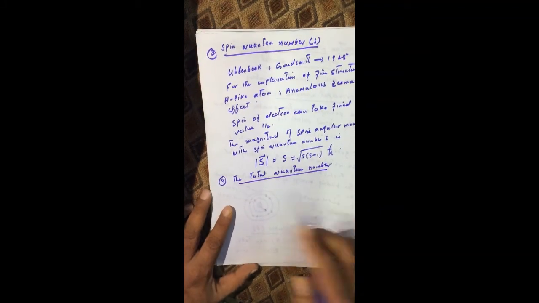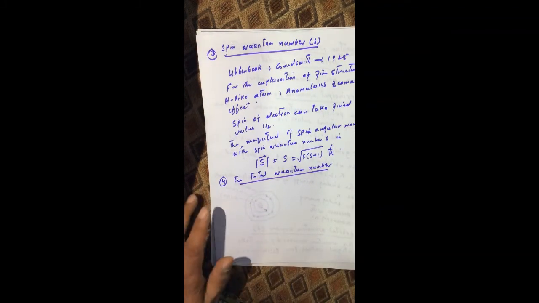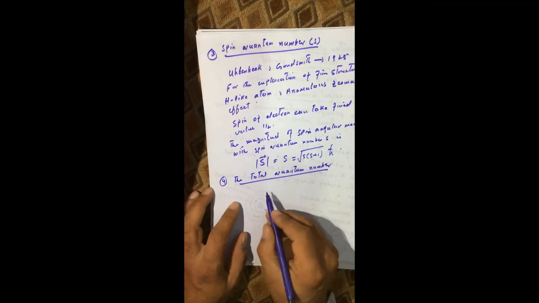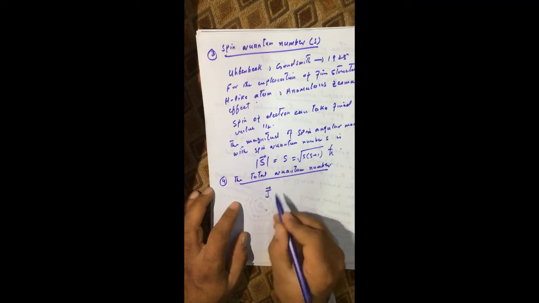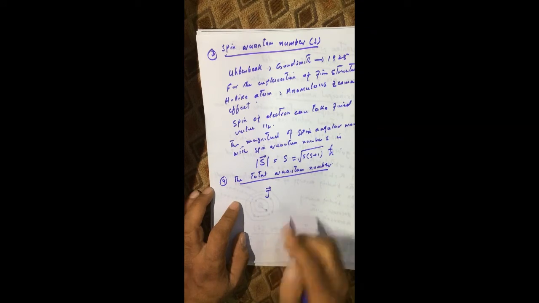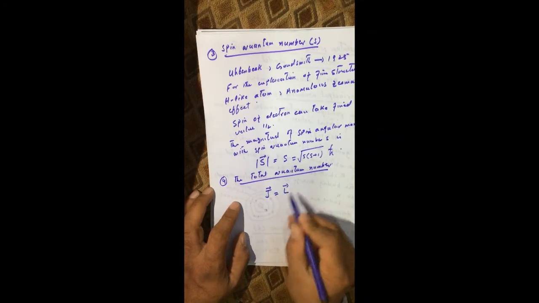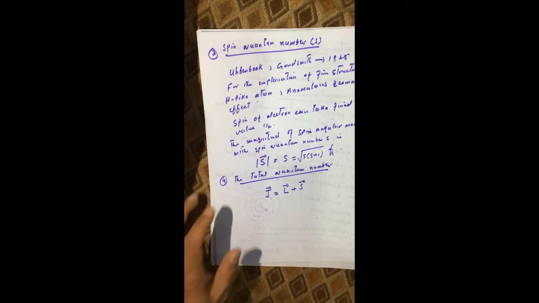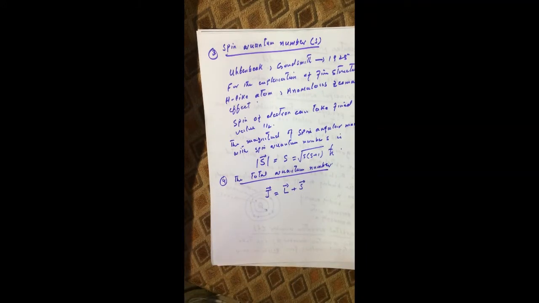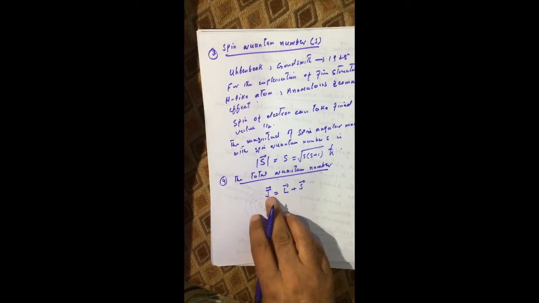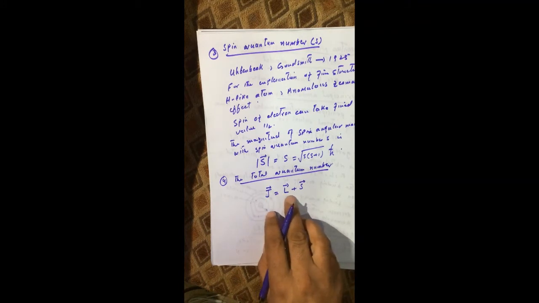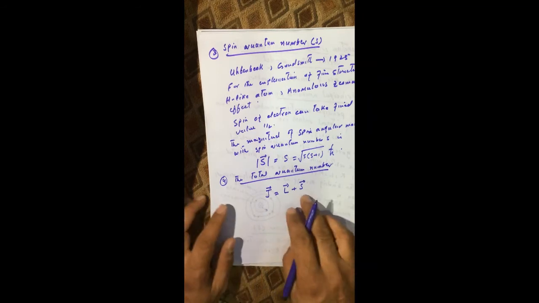The total angular momentum, which I represent by this symbol capital J, is equal to the sum of orbital angular momentum and spin angular momentum. This is the total angular momentum, which is the sum of orbital angular momentum and spin angular momentum.